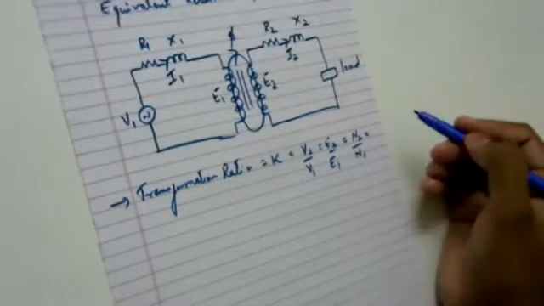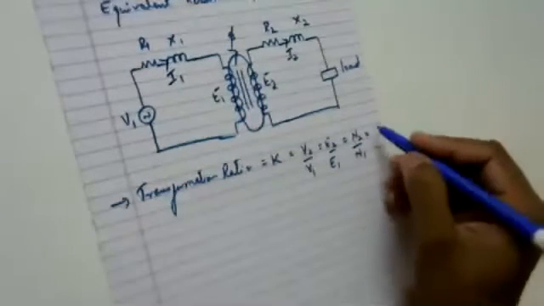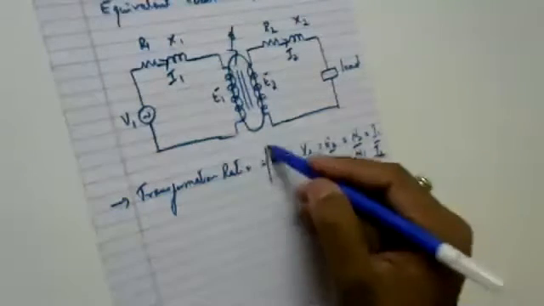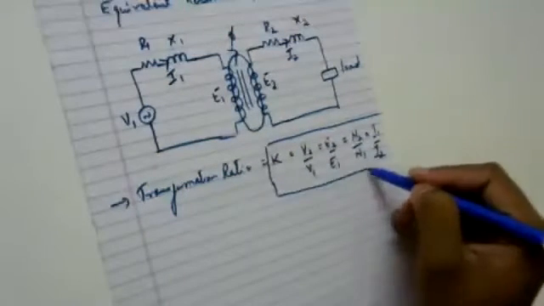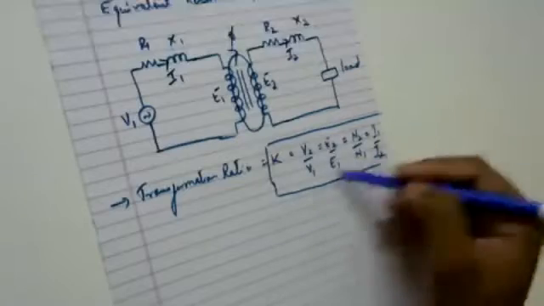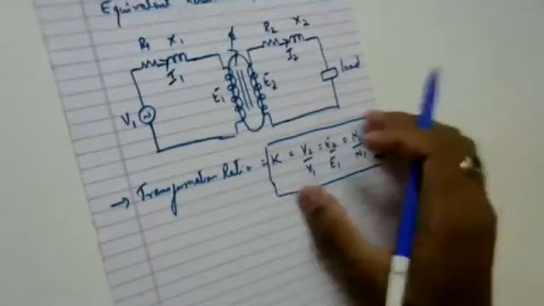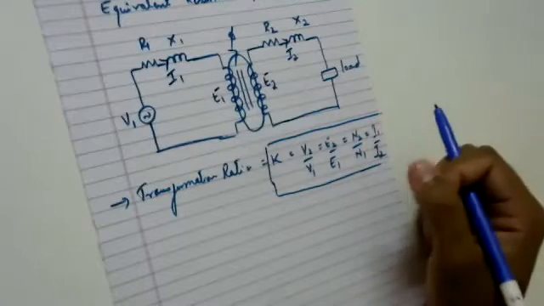But when it comes to the ratio of current, it is reversed. It is I1 by I2. You have to remember this. This is a very important equation to understand the concept of the equivalent circuit of transformers. We are going to use these equations to a great extent.